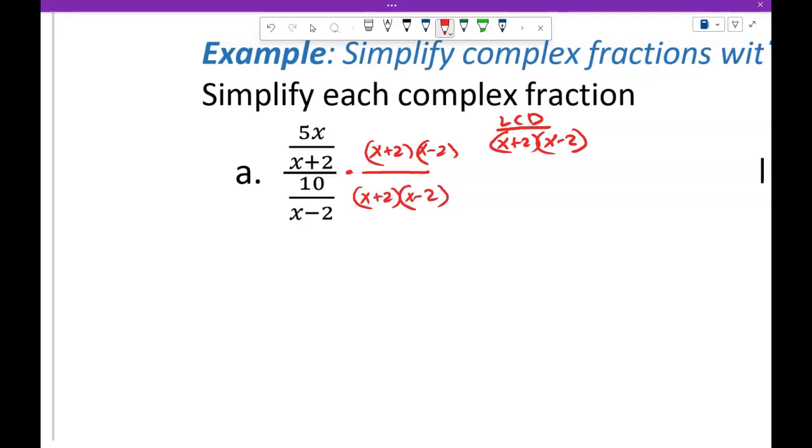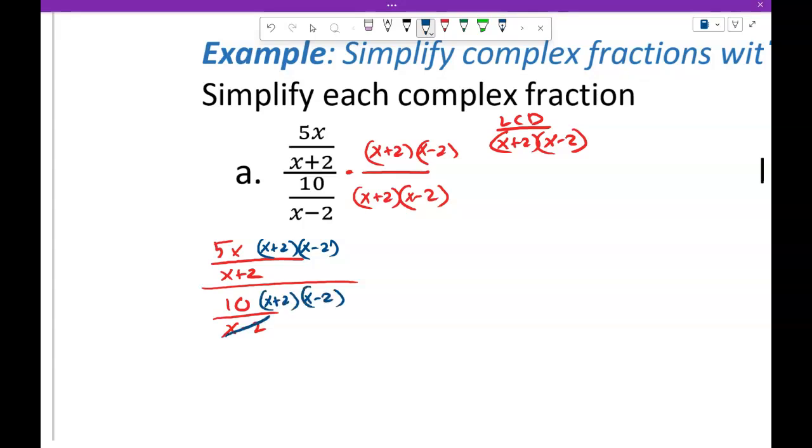Just like when we're trying to find a common or an equivalent fraction, we multiply the numerator and denominator by the same factors. We're doing the same thing here. The benefit is, and I'm going to write this out the long way, that when we multiply the numerator, as well as when we multiply the denominator, what happens is they'll cancel.